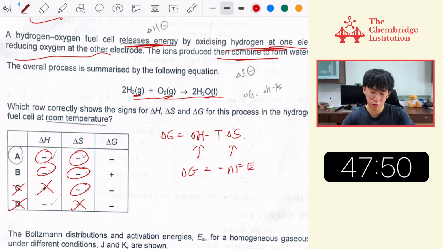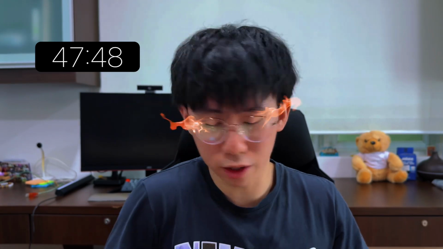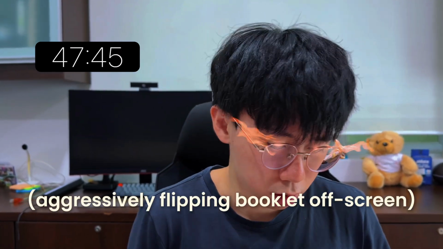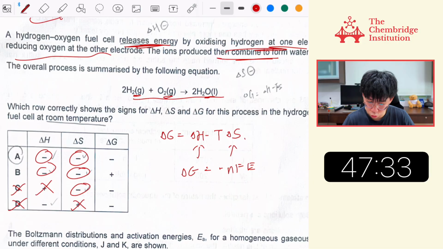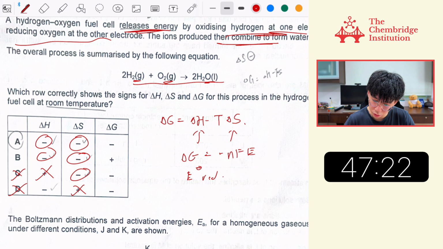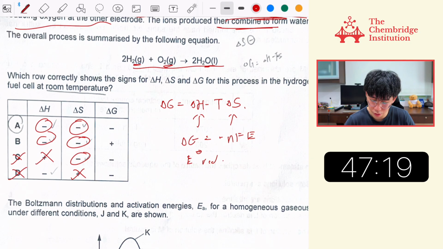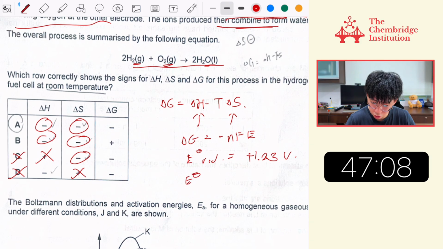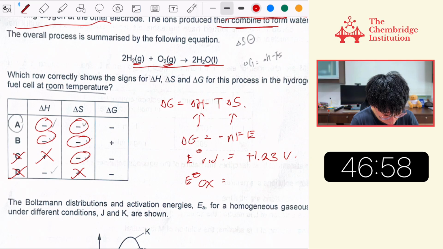And if I look at my data booklet, you are getting H2O, right? So for the E reduction, you are reducing oxygen at the electrode, so this has to be plus 1.23 V. And if you're oxidizing hydrogen, this probably is just 0.00.